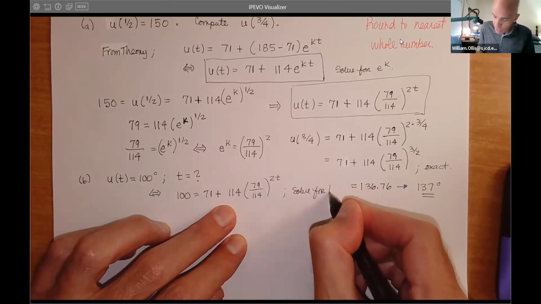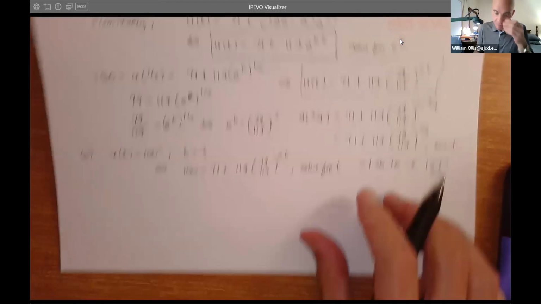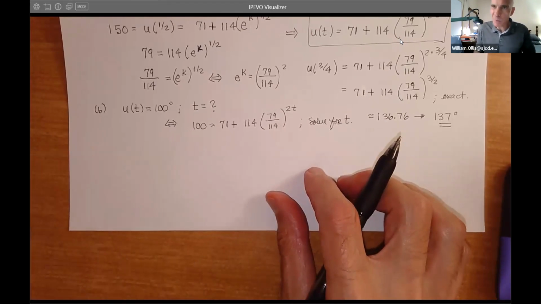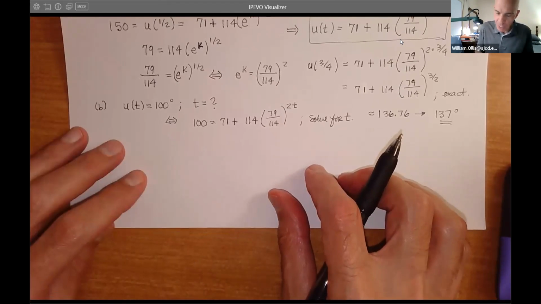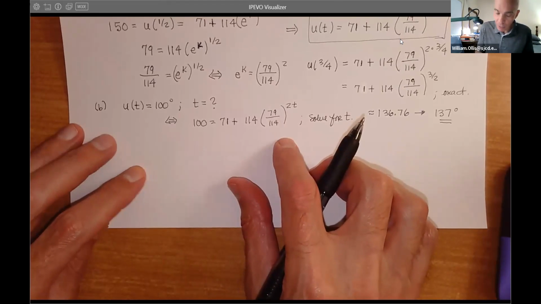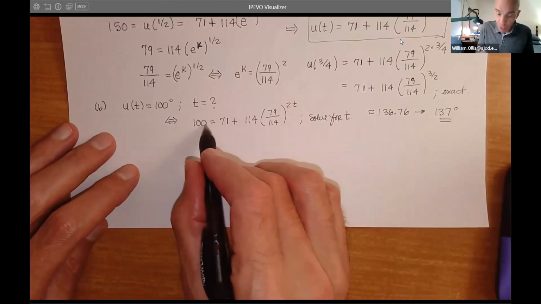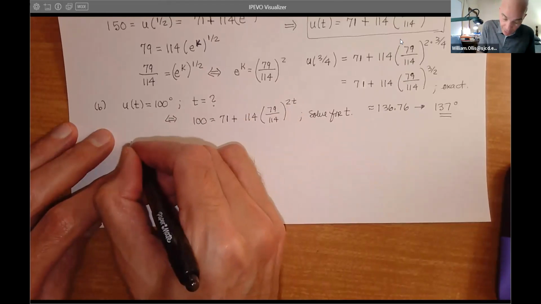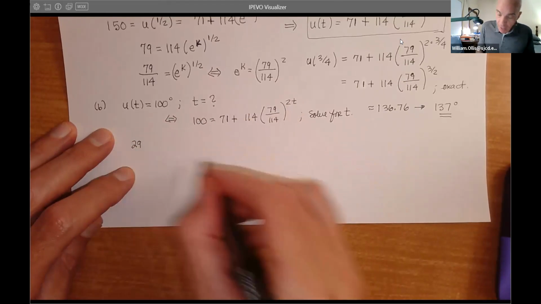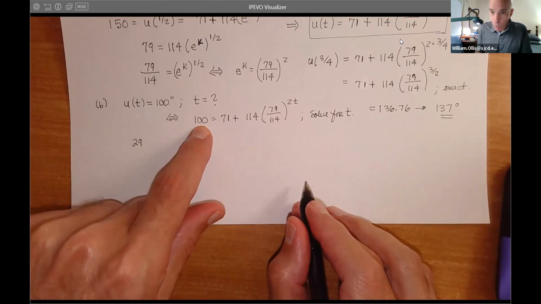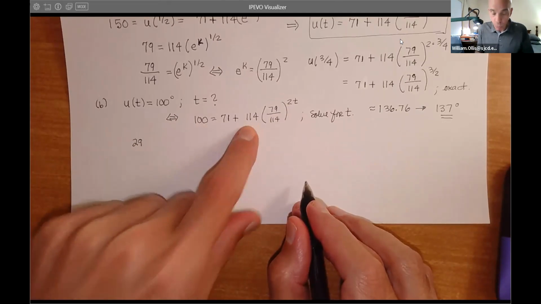Again, we'll use natural logs because the base 79 over 114 is a legitimate base, but we'll keep it simple for our Google calculator. Now when we subtract, we've got 30 minus 1, which is 29. If we subtract the 71 from the 100, we can then divide by 114.